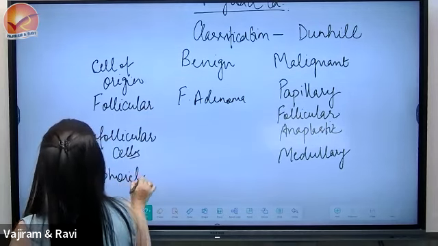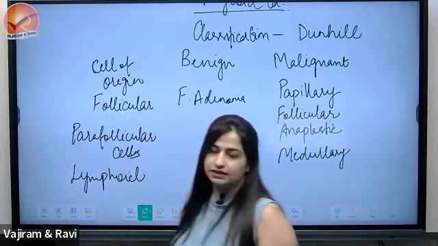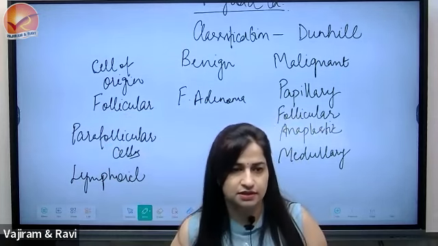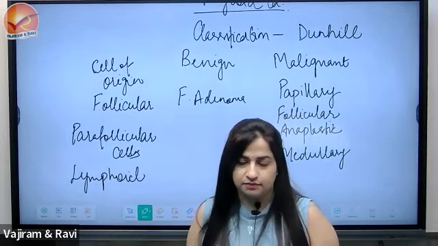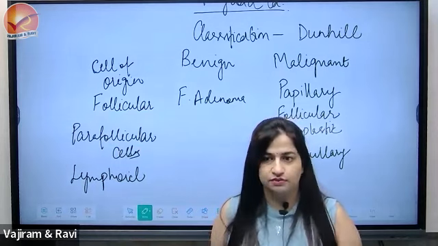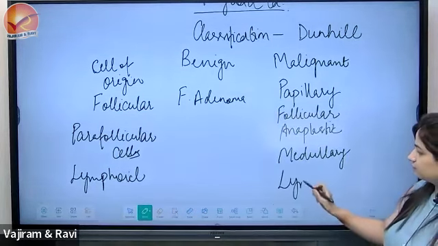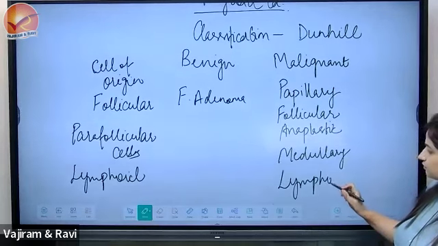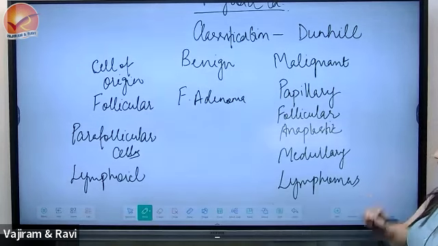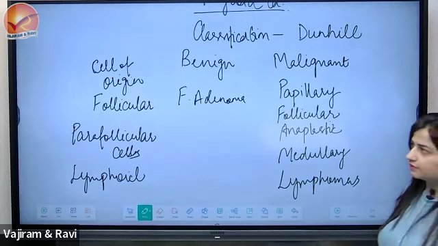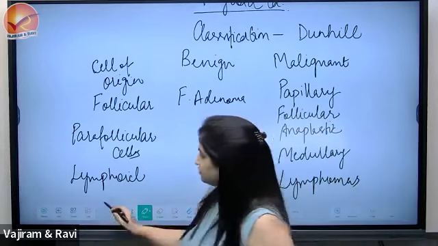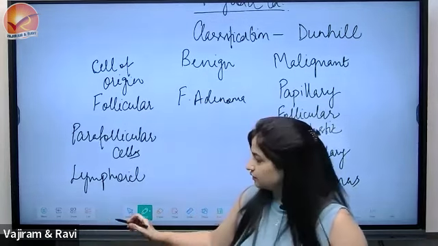Lymphoid cells are not part of thyroid, but in cases of thyroiditis, sometimes there can be some mutations that can proceed to lymphomas. So lymphoid will cause lymphomas. Then you can have secondaries, you can write down.